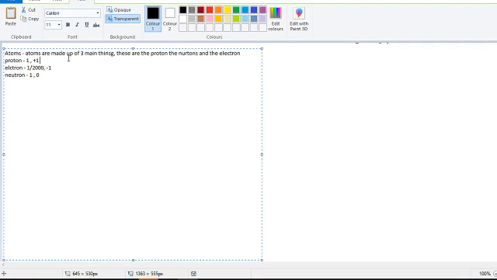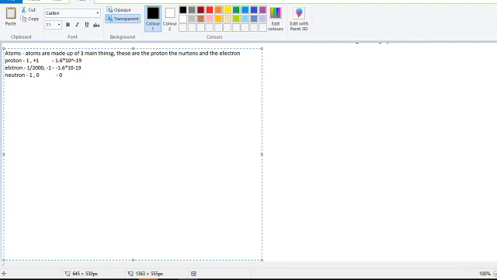Well, that changes, because now you have to learn that protons have a charge of 1.6 times 10 to the -19. Electrons have a charge of 1.6 times 10 to the -19, but that is a minus, so it's minus 1.6. And neutrons, surprise surprise, have a charge of 0.